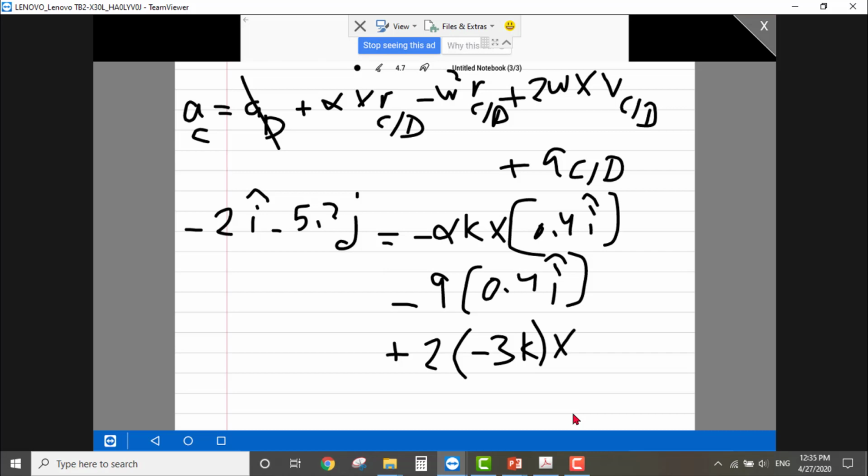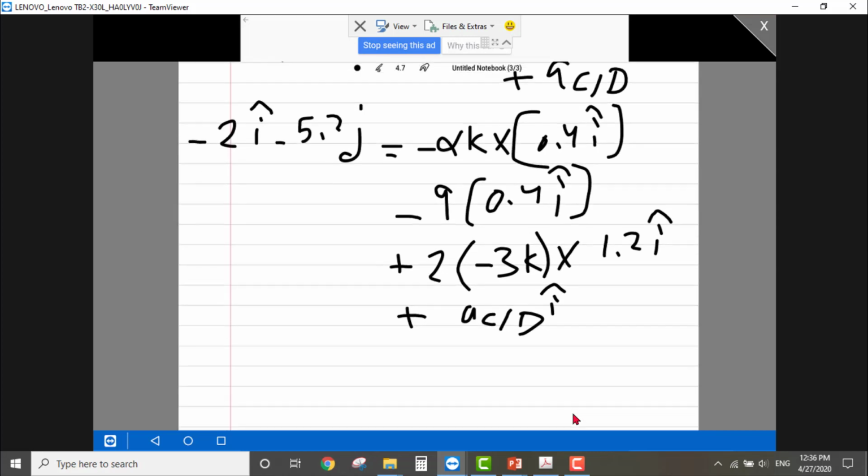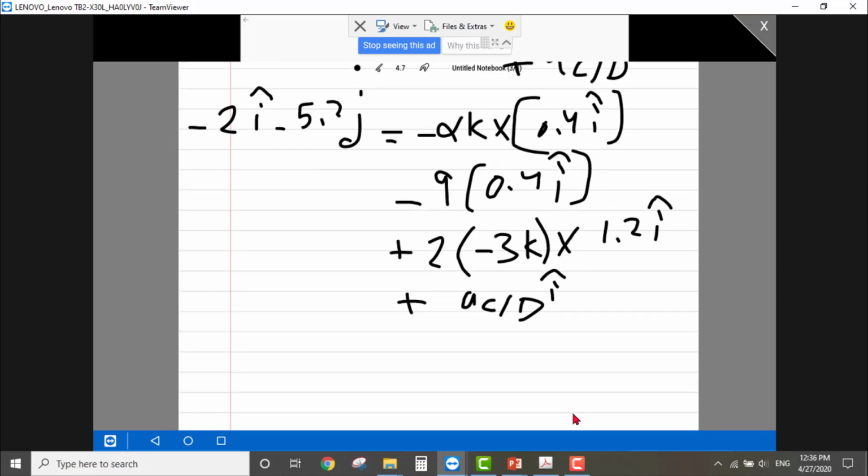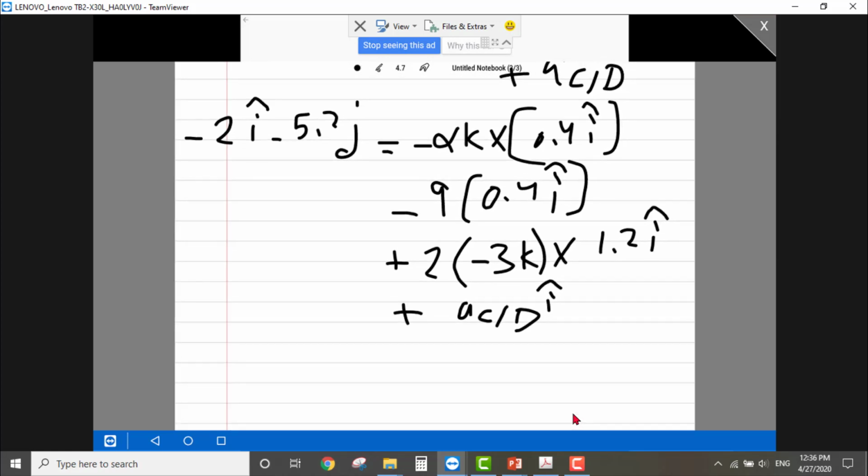We could find it again as a positive quantity, which is 1.2 in the positive I direction, plus acceleration ACD, and we'll assume it again in the positive I direction. So both VC with respect to D and AC with respect to D, we always assume to follow the link.